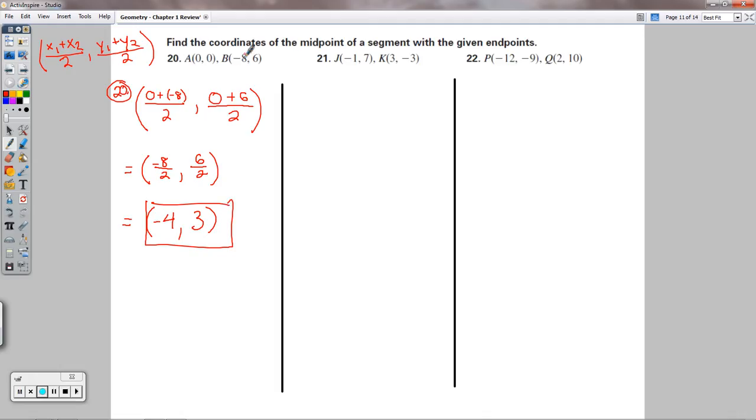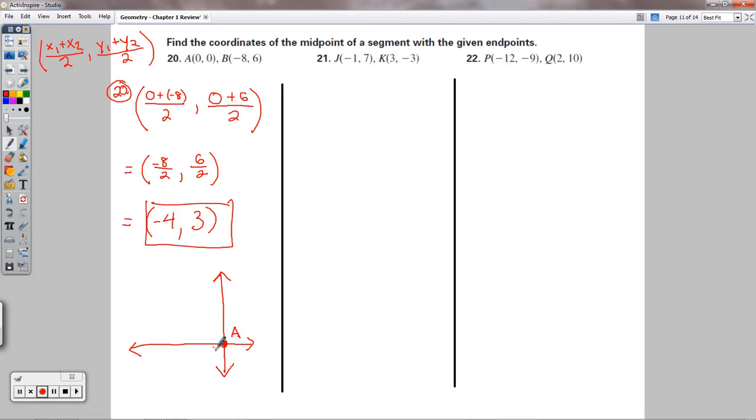If you were to draw these points on a coordinate plane, you would see that, in fact, I'll do that real quick here for this first one just to help you visualize what's going on. So 0, 0, -8, 6. If I went -8, 6, it'd be in the second quadrant, so I could successfully draw both points on a graph like this. So 0, 0 would be right here.